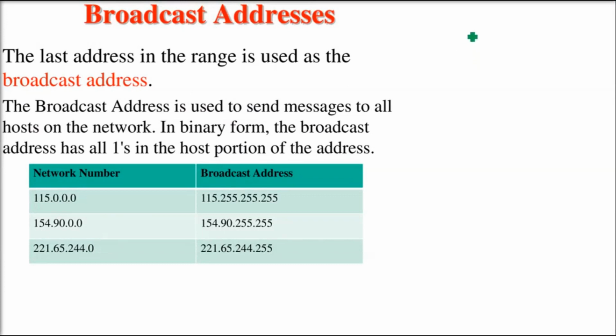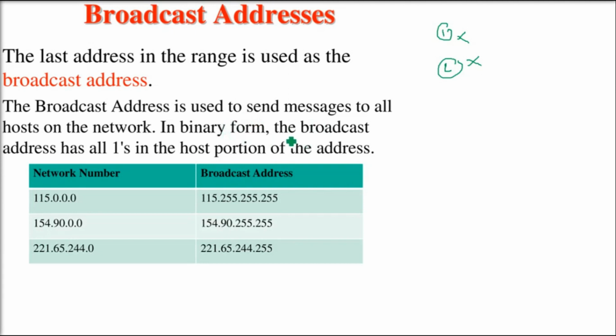Whenever we have a network, whatever range you have borrowed, the first and last addresses you cannot use, because the first one is the network and the last one is for broadcast. All the numbers in between can be assigned to hosts or subnets, other networks. The broadcast address is used to send a message to all the hosts on the network.